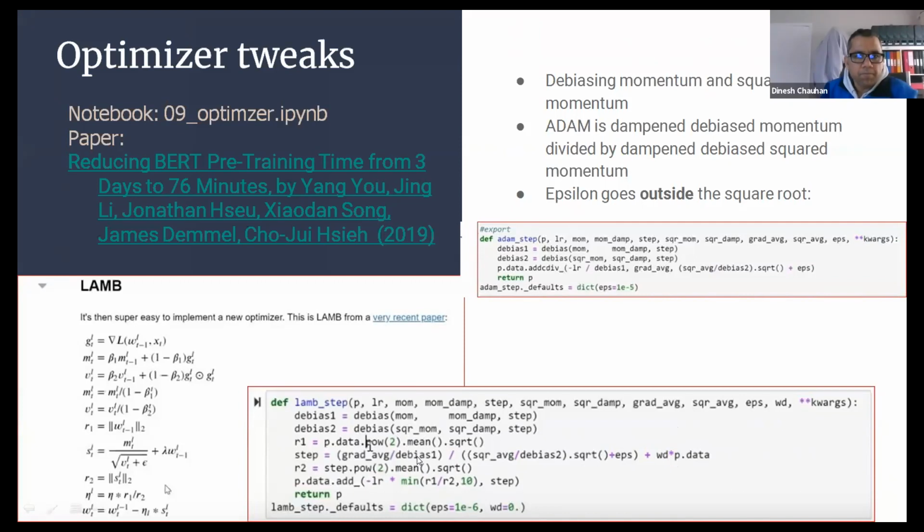P is the first parameter of the LAMB step function, so it's passed into LAMB. P must be some kind of data structure, and data is probably some property of it that you need.